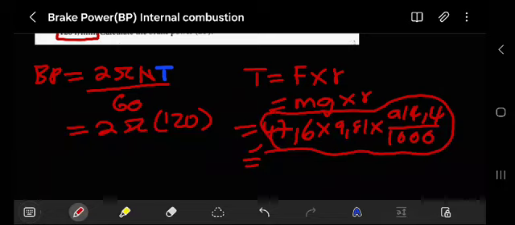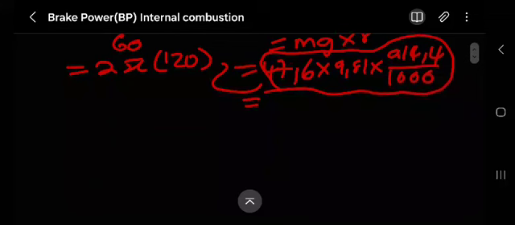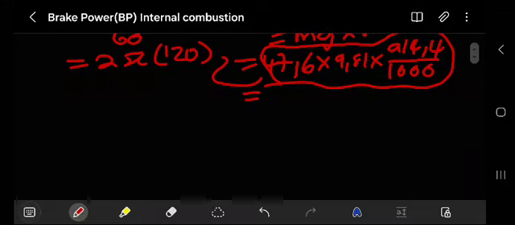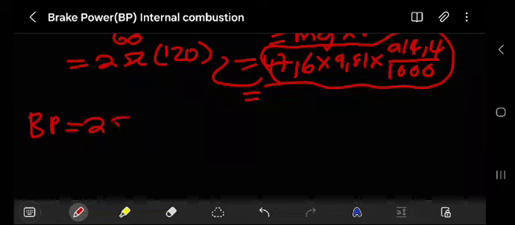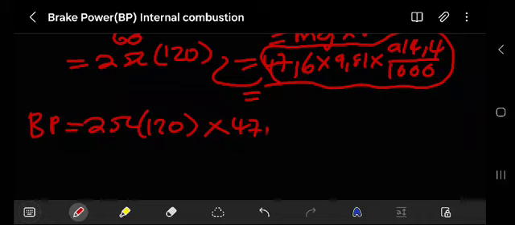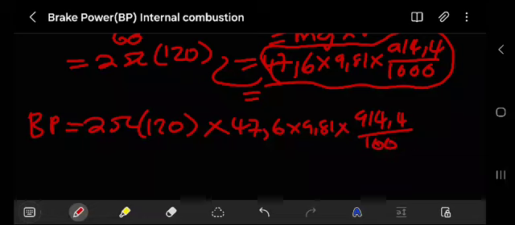So you can put this there if you want to punch it at the same time. Then our brake power will be equal to 2π multiplied by 120 multiplied by the torque. The torque is 47.6 times 9.81 times 914.4 over 1000.